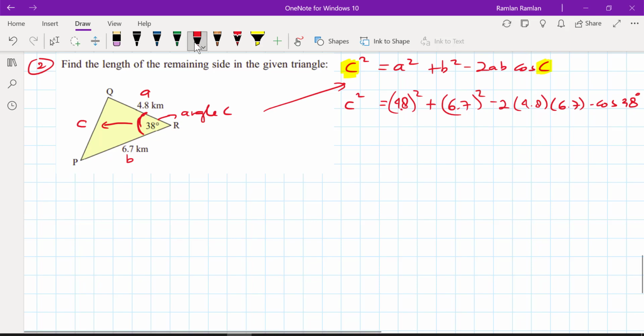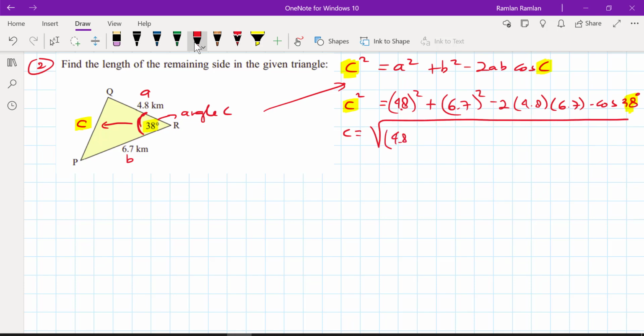Okay, again, can you see, guys, that the side in front of the angle that we know, the angle that we are going to use in the cosine rule, is always going to be C. So the position is only going to be here and here, on the edges of the formula, right? For this one, you only need to find the square root of that value, so you only need to put that into the calculator.